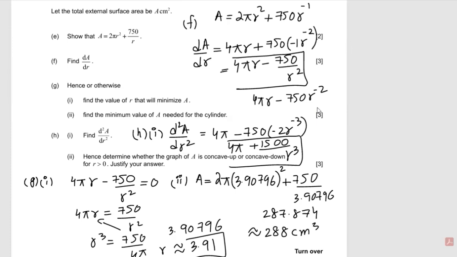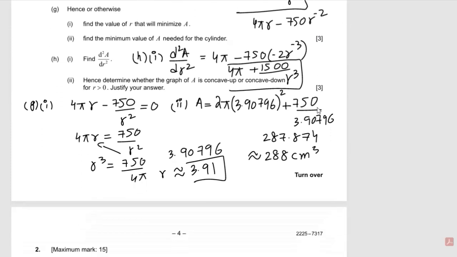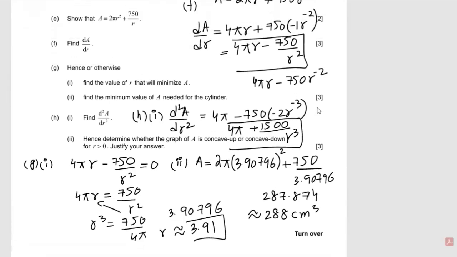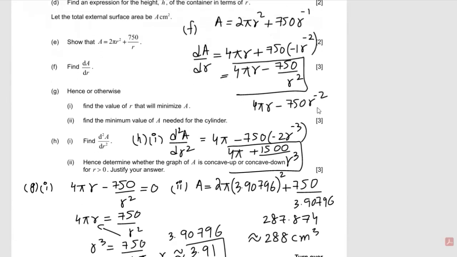Justify your answer. So now keep in mind, the next part is a different question. I've got my r value, so I'm just showing you this. Okay, guys, so I'm going to do H2 over here. I'm sorry about the space.